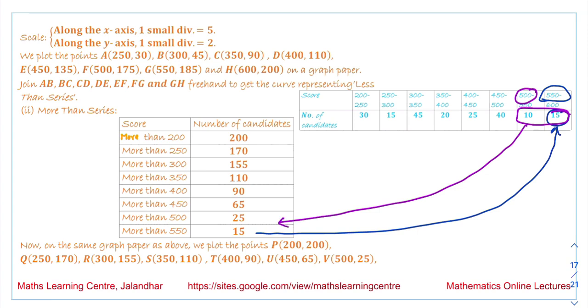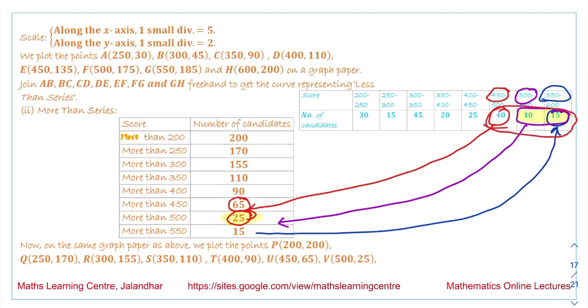Now the students having marks greater than 450, it is 25 plus 40. We are adding these two values over here, and the answer we are getting is 65. These two values, 10 plus 15, that is equal to 25.